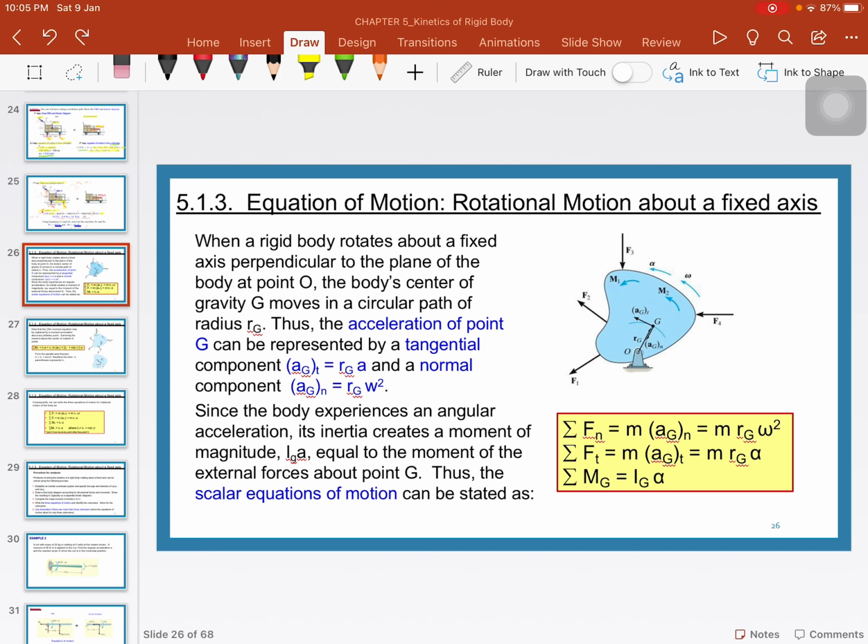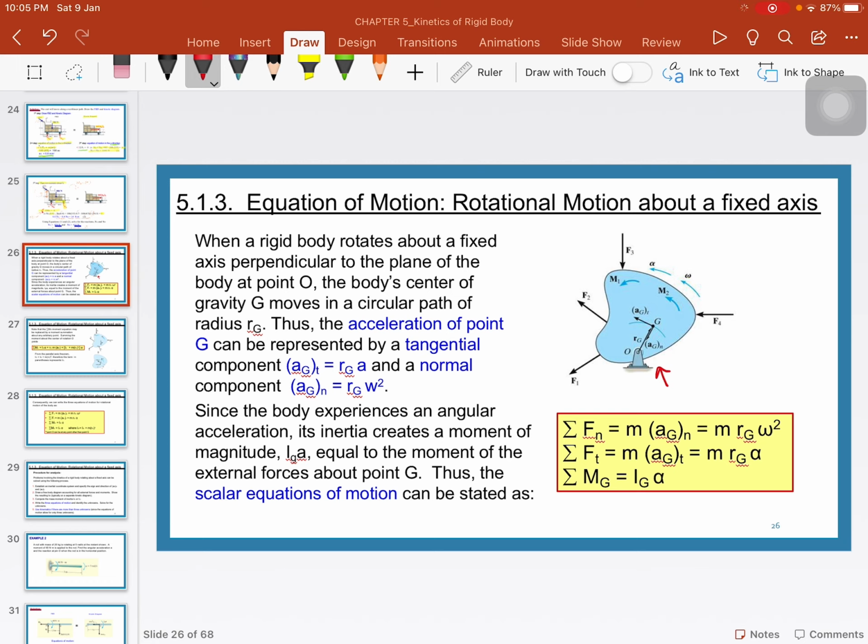When a rigid body rotates about a fixed axis perpendicular to the plane of the body at point O, as you can see there, the body's center of gravity G moves in a circular path of radius RG.